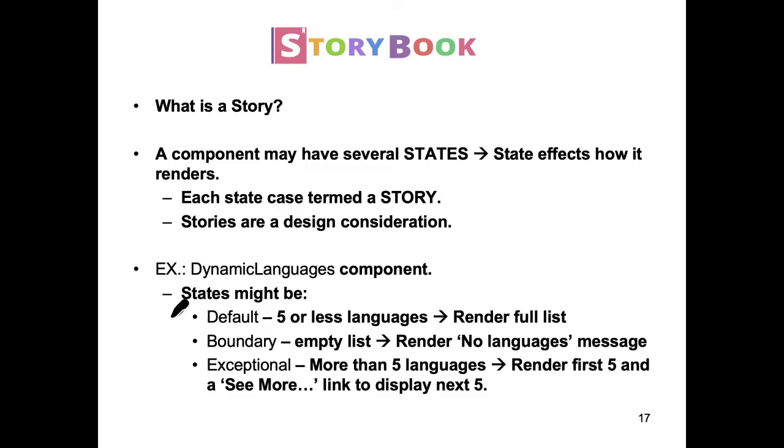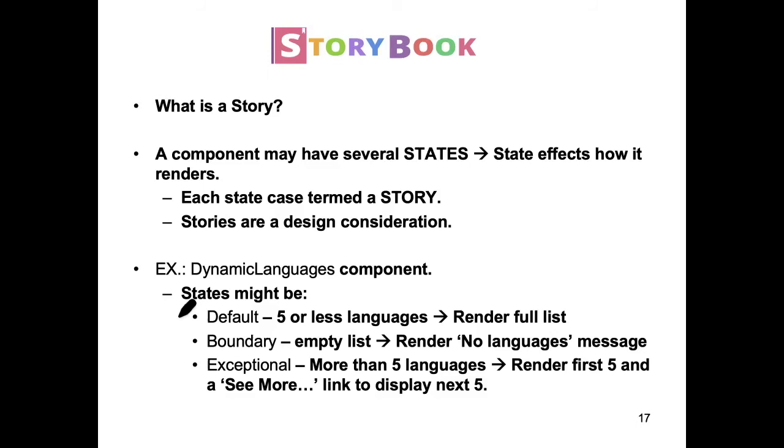These states are often referred to as stories, and each story has a slightly different rendering of the component. It's up to you, admittedly, as the component developer to identify what the different stories are and also decide how you want the component to render for each of them.